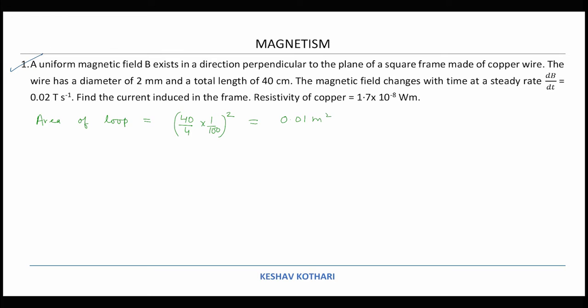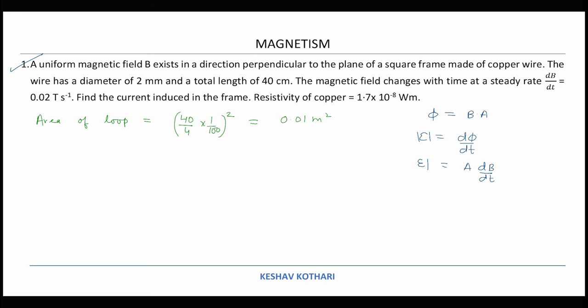Now the next thing is the magnetic flux phi, which is equal to B dot A, and the EMF induced is equal to the rate of change of magnetic flux. That is, the magnitude of EMF induced is equal to d phi by dt. Since the area is kept constant, the magnitude of EMF induced will be equal to A dB by dt.